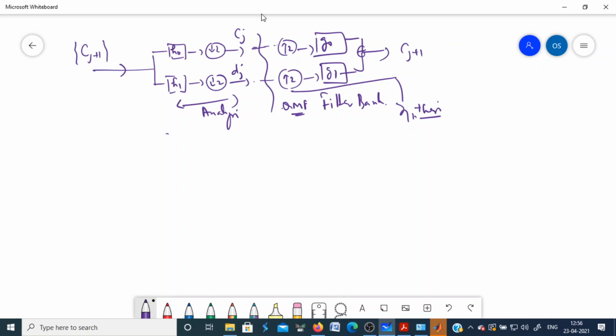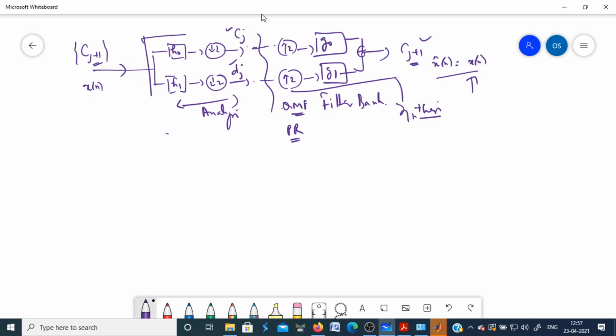Okay, so we want this filter bank to be perfect reconstruction. It means if you decompose Cj plus 1 into two halves, Cj and Dj, from these coefficients you should be able to exactly recover Cj plus 1 again. In terms of signal, if you apply a signal x of n here, the recovered signal x cap n should be very close to x of n.